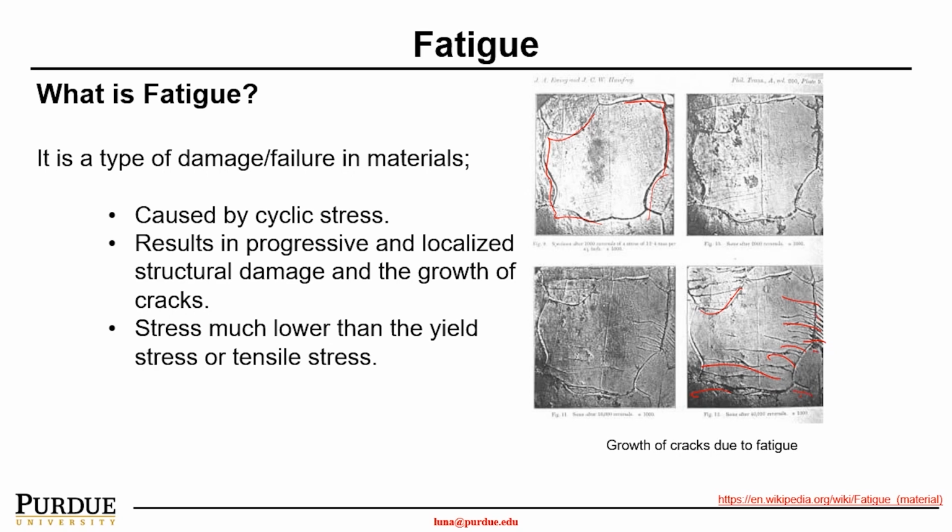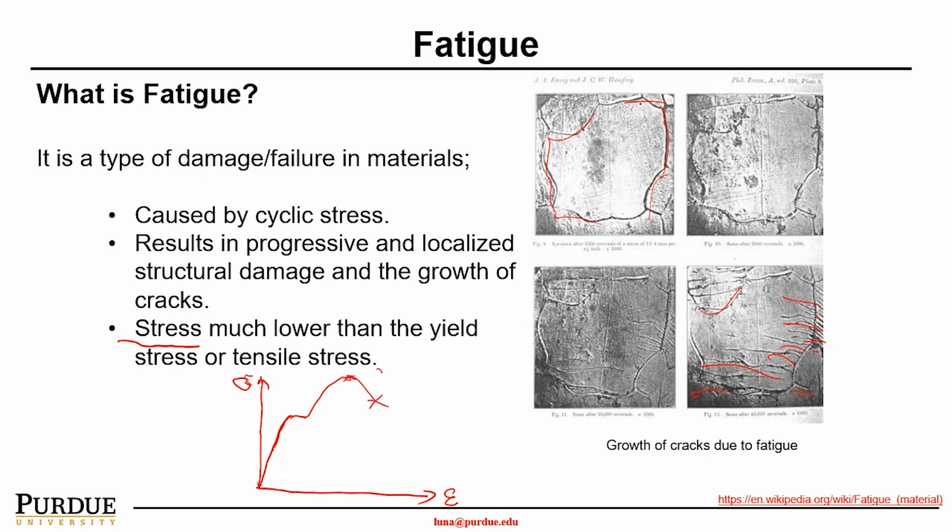It's important to point out that the stress is much lower than your yield stress or the tensile stress. In other words, if we're looking at sigma in tension and your epsilon, the stress-strain curve, you have your material going through the perfect linear Hooke's law, and then reach a little bit of plateau, and then you pick it up and get to the ultimate stress, and then you fracture.